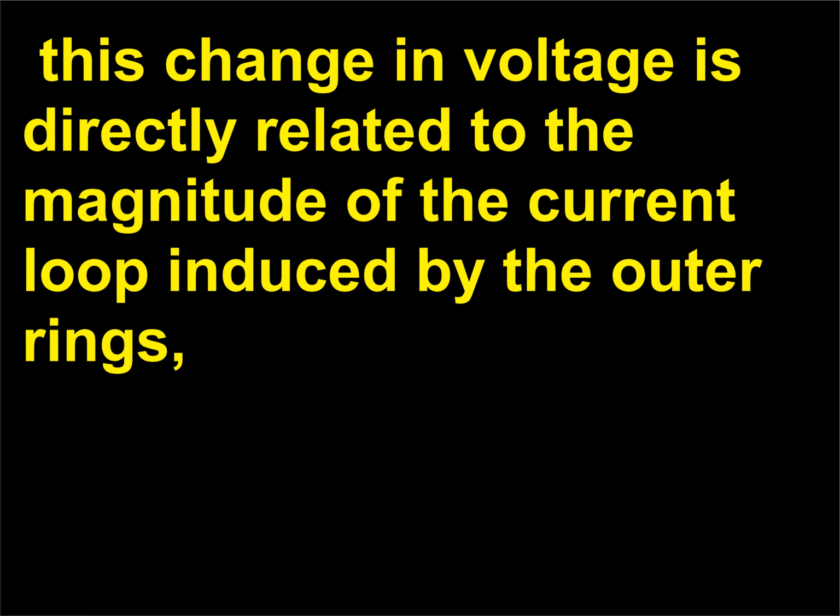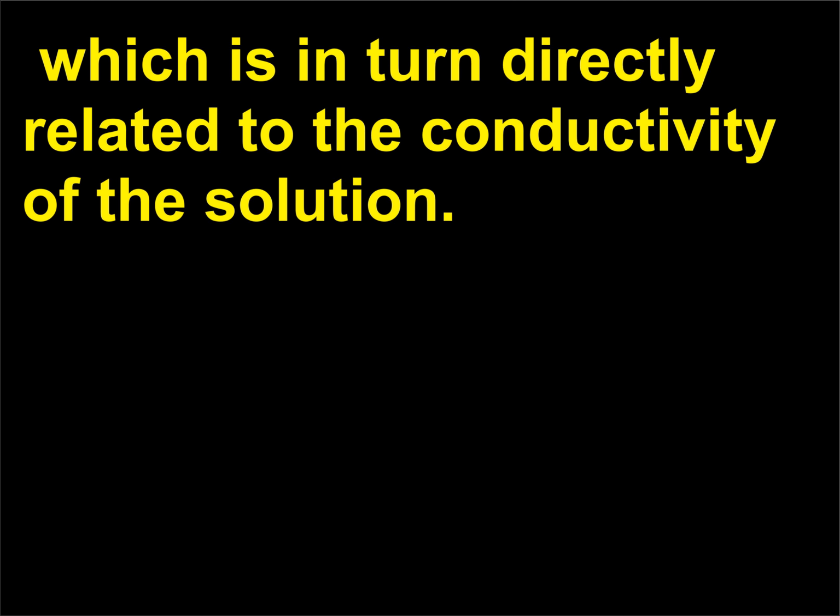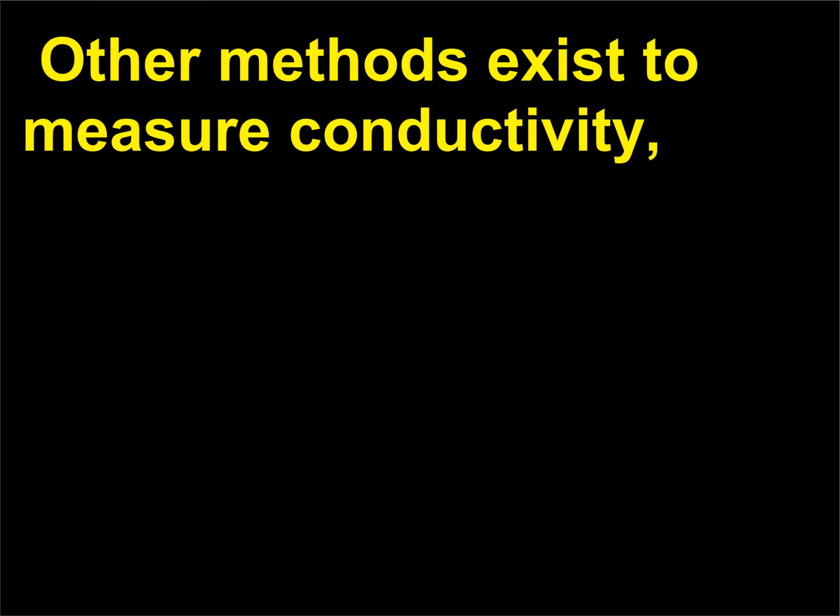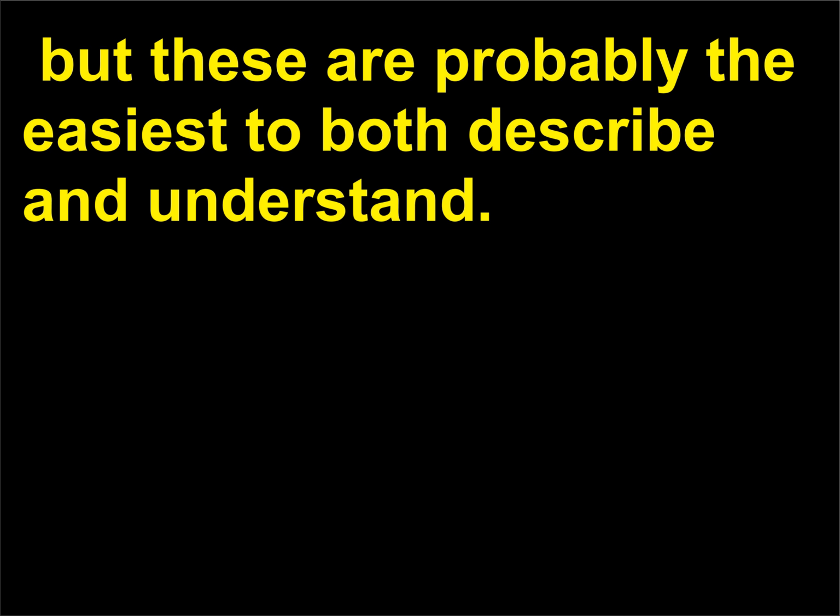This change in voltage is directly related to the magnitude of the current loop induced by the outer rings, which is in turn directly related to the conductivity of the solution. Other methods exist to measure conductivity, but these are probably the easiest to both describe and understand.